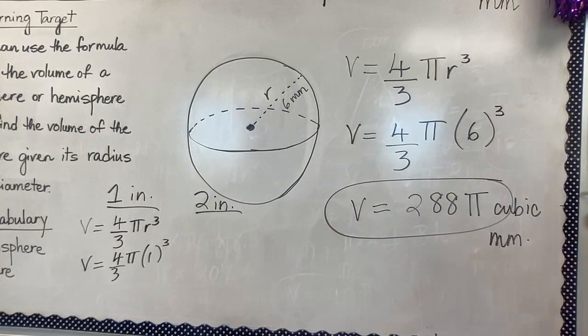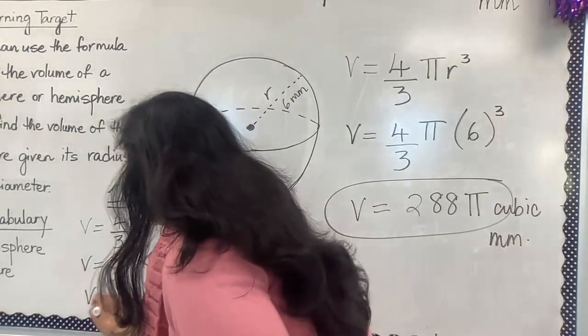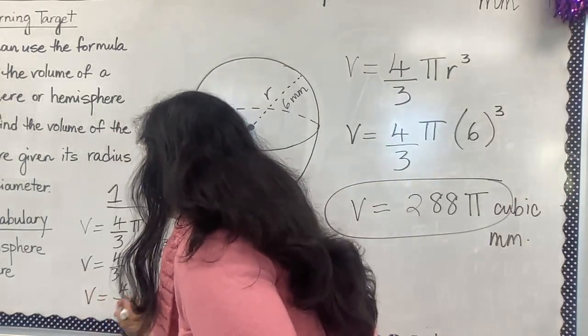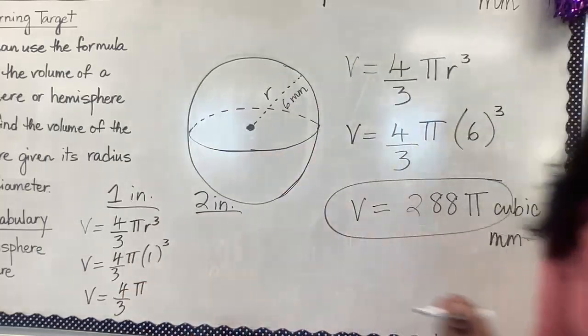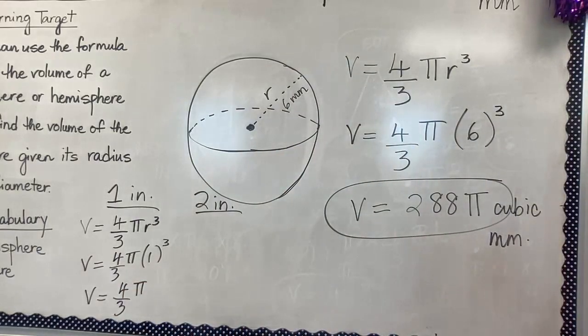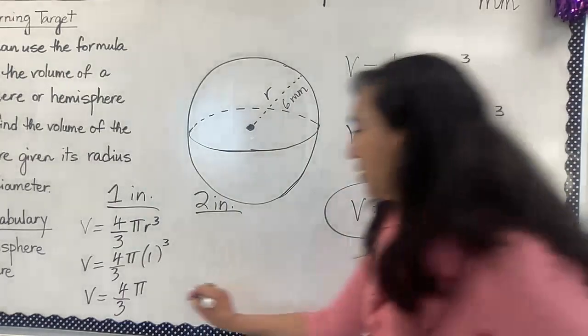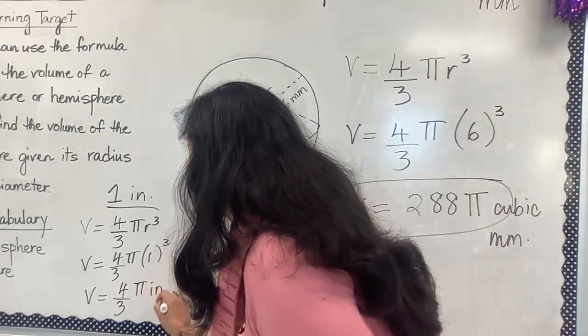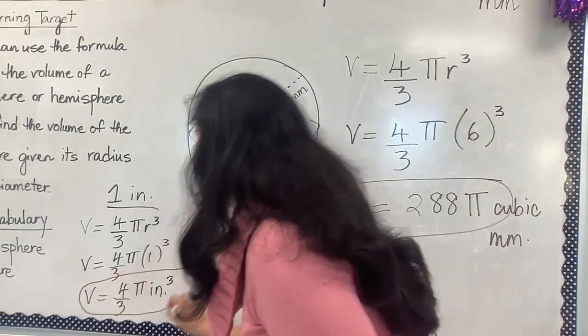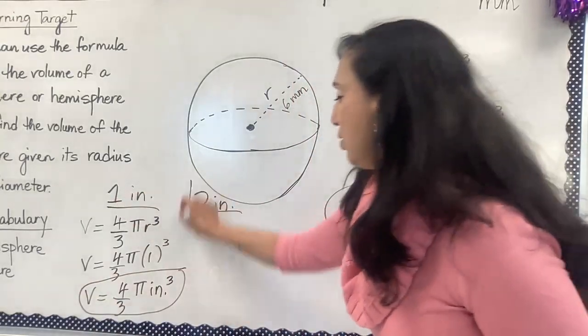So I'm left with volume is 4/3 pi. This is the first one, in inches cubed. So this is my volume when it is 1 inch.